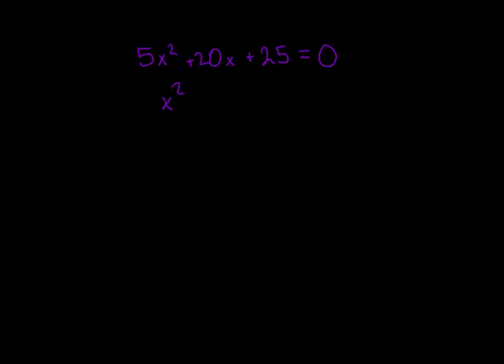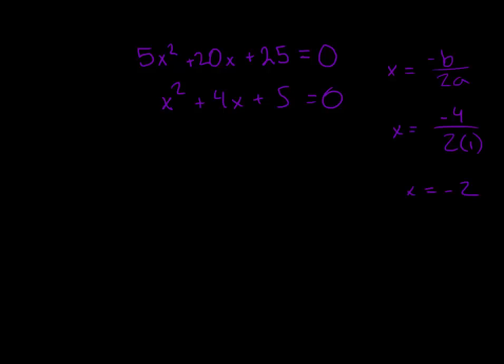Begin by dividing by 5, get x squared plus 4x plus 5 equals 0. And we know that the x term is always going to be right on the axis of symmetry. The opposite of b divided by 2a. b is 4, so that's the opposite of 4 divided by 2 times a. After we divided by 5, a is now 1. So the axis of symmetry is located at x equals -2.